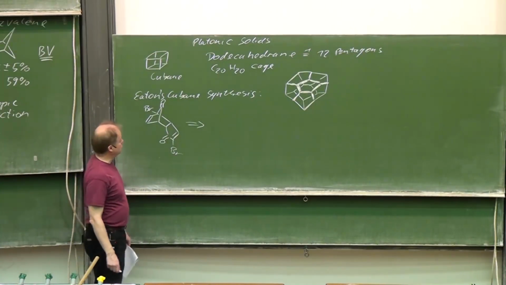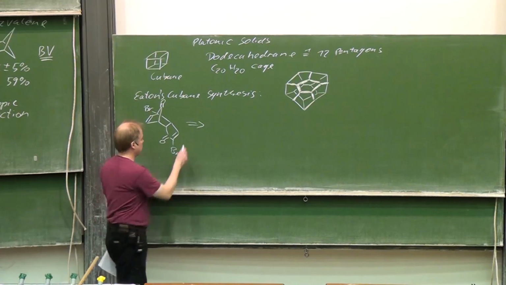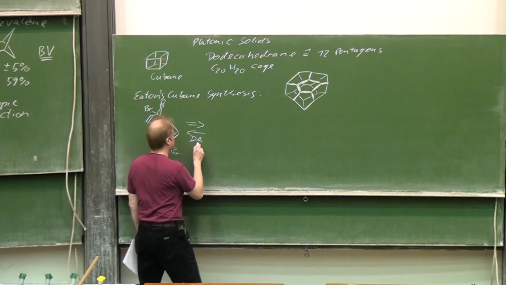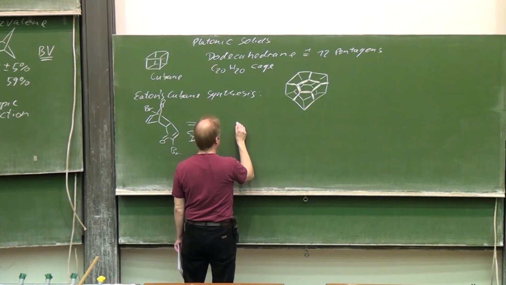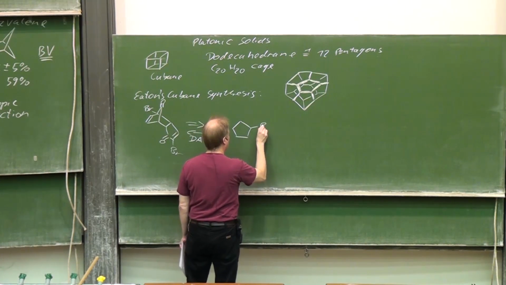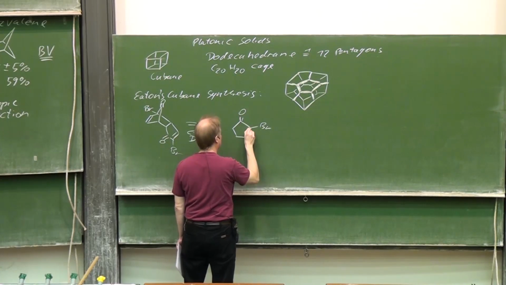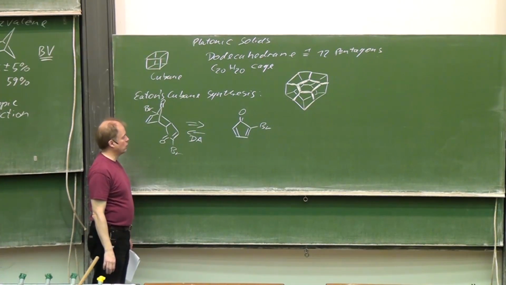So every one of you noticed that this is obviously a product of a Diels-Alder reaction. A Diels-Alder dimerization of this bromo-cyclopentadienone.